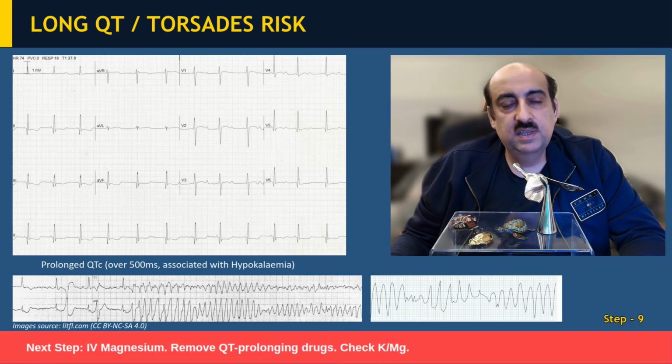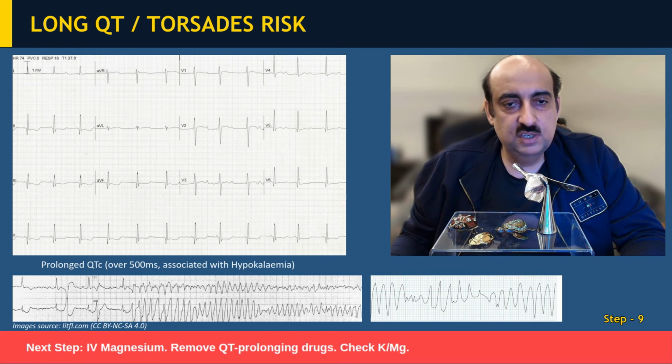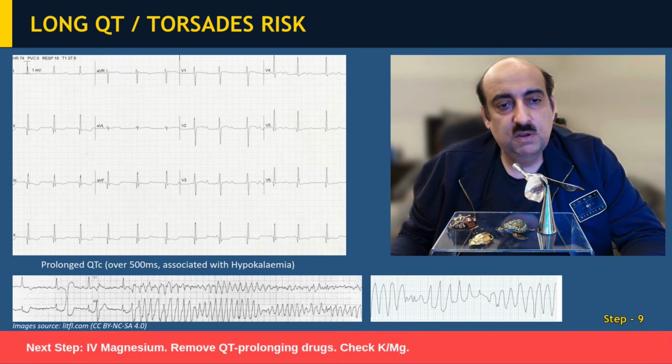So let's look at a real life ECG for prolonged QT. The top trace, the 12 lead ECG, shows a prolonged QTc of more than 500 milliseconds, and hence it's a very high risk for polymorphic VT, which is reflected in the lower two insets. You have the normal rhythm, and eventually sometimes you get what is called an R on T phenomenon, the R wave superimposing on the T wave.